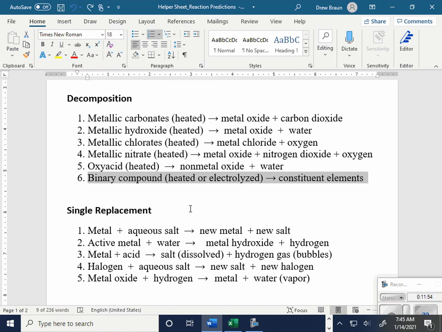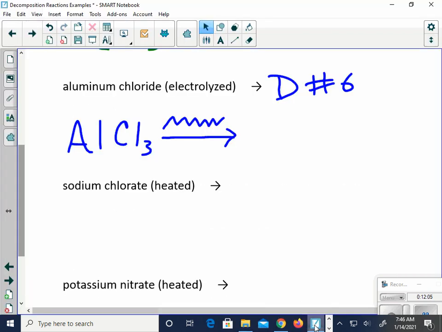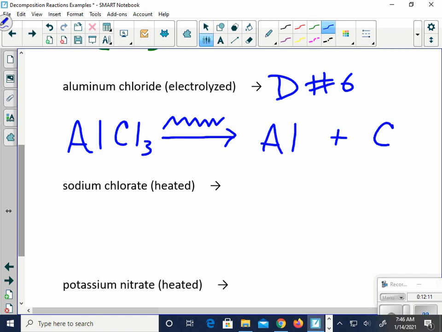Well, what does that mean? What does constituent elements mean? That just means it splits into the 2 different elements. So, I had aluminum chloride. It is going to split into aluminum, and it's also going to split into chlorine. Now, the key part with this is I need to check for what?